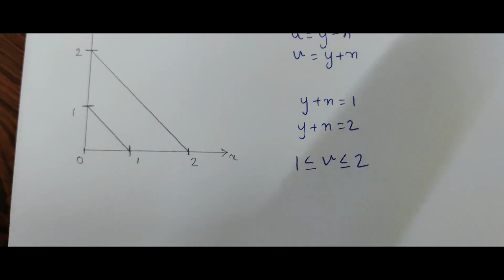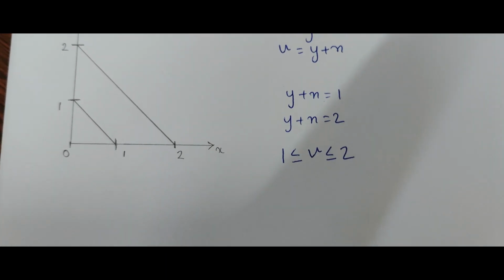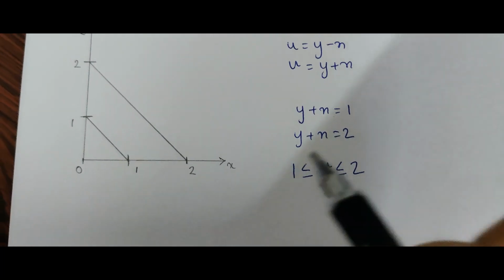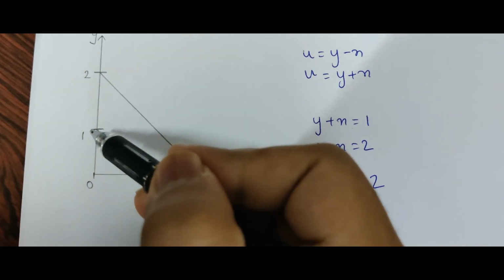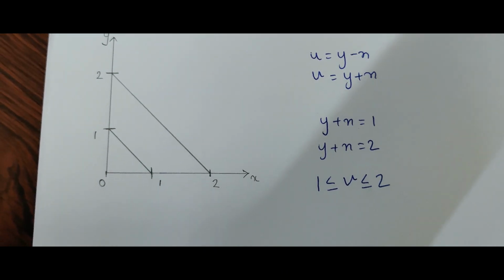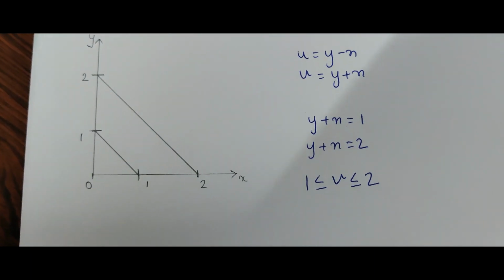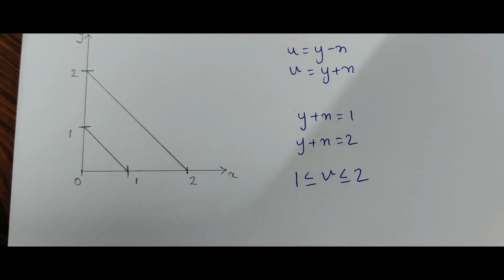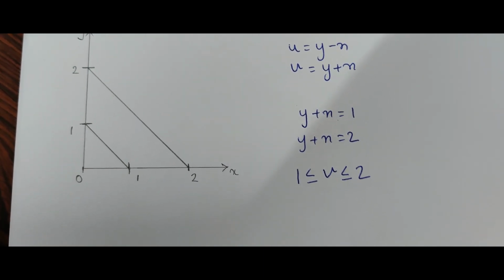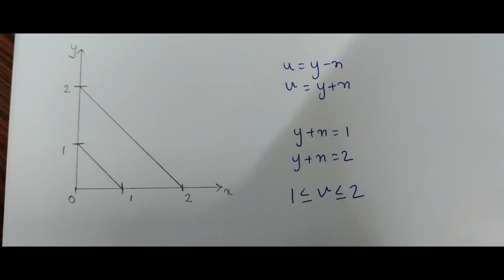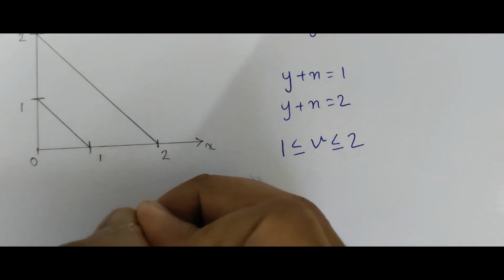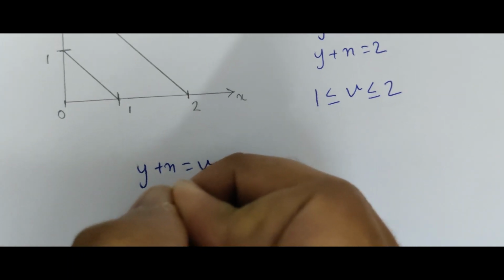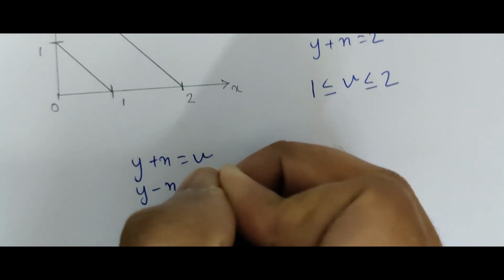To take out the limit of u, we see that the other two lines are x equal to 0 and y equal to 0. So we need to express x in terms of u and v. We can solve for x, where y plus x is equal to v and y minus x is equal to u.